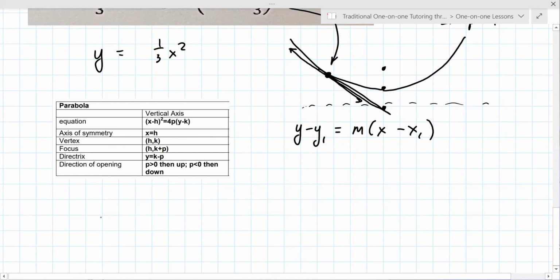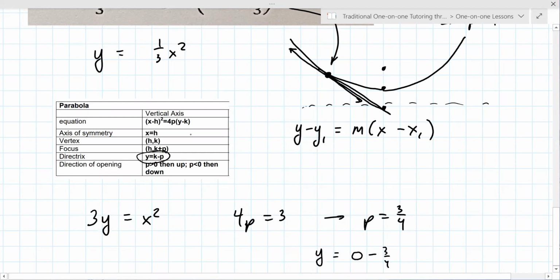If you move the y, it's really 3y equals x squared. So 4p equals 3, and that's how you got p equals 3/4. And then it says the directrix is down here at k minus p. Y is 0 minus 3/4. K is 0 because there's nothing there. So negative 3/4, and it's right below the vertex.